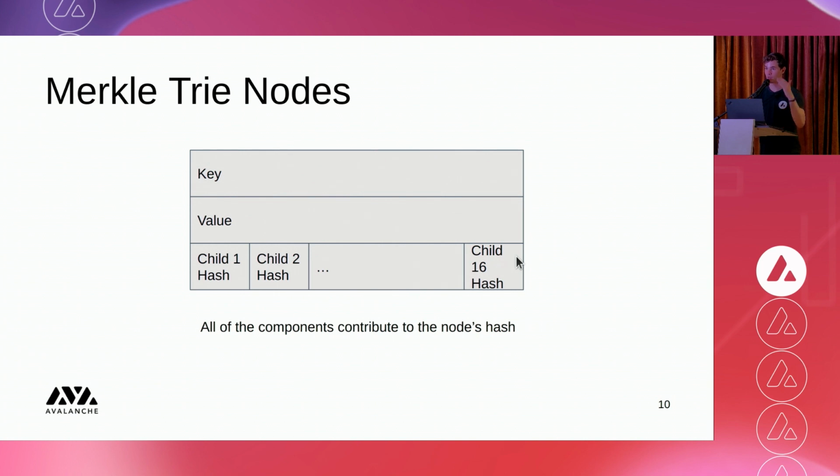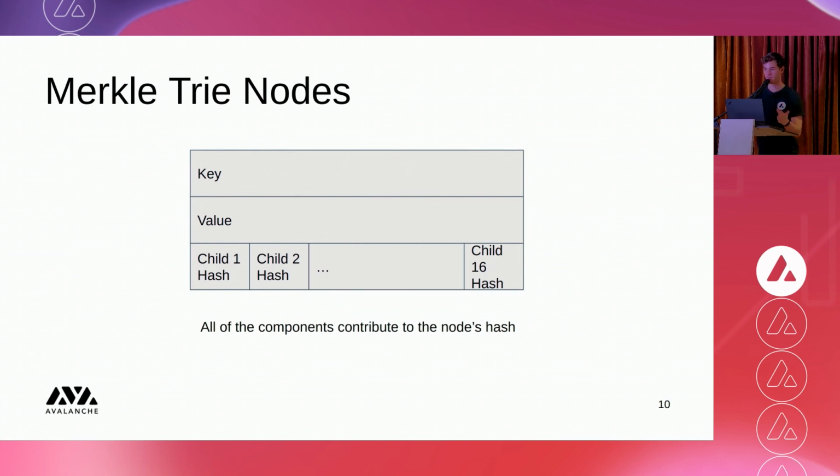And then when we're looking for something in the tree, we know exactly which way to traverse, because we know that if it is in the tree, then the next byte that we're looking for will be at a certain index, and that way we can traverse down.